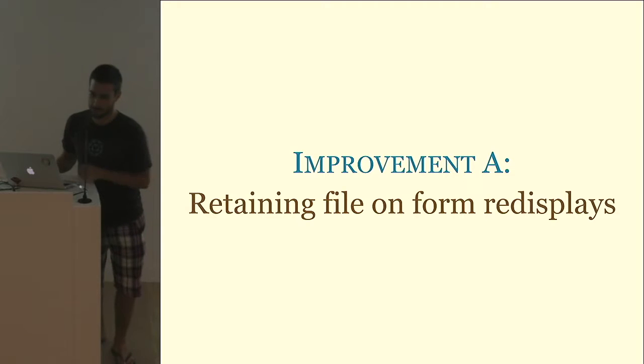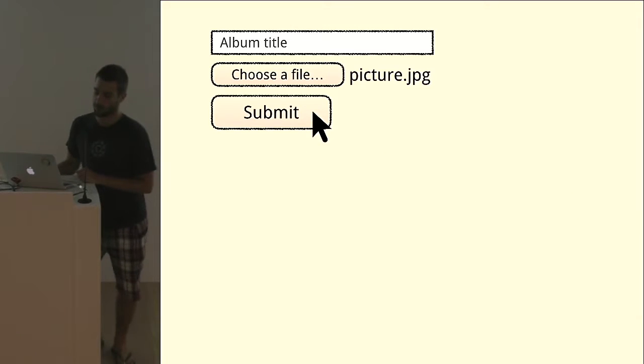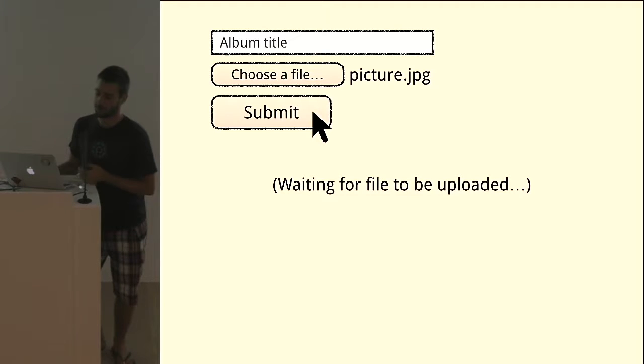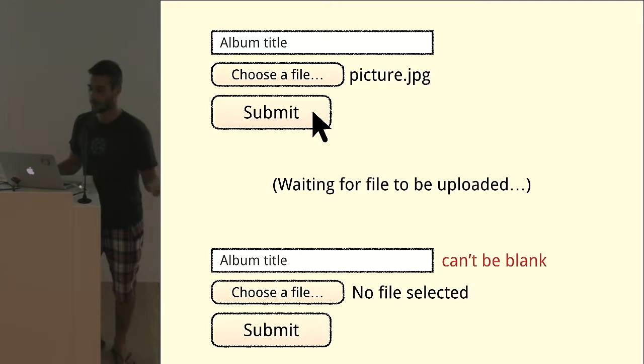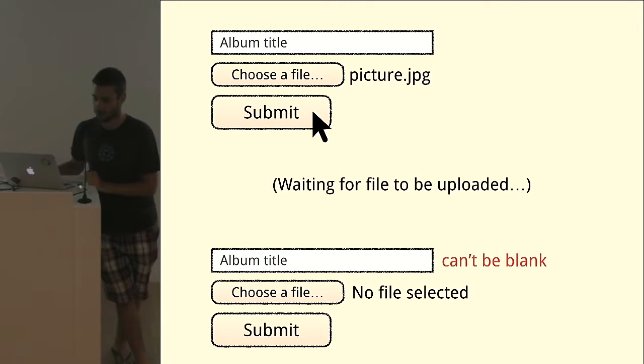Okay, so this is the same as we would get from most file upload libraries. But let's start working on the first improvement, retaining files on form redisplays. So what is the problem? When the user selects a file and submits a form, waits for the file to get uploaded, and gets back a validation error, they just fill in the validation errors.